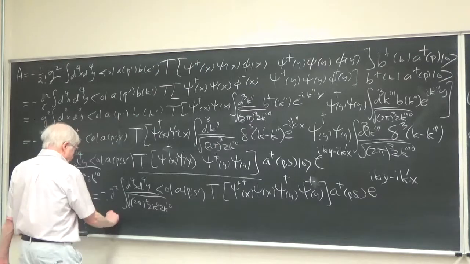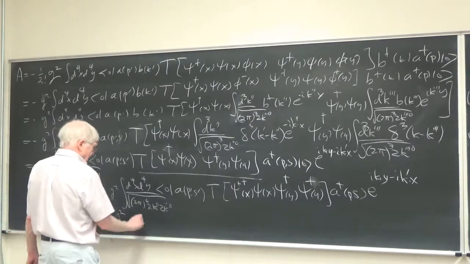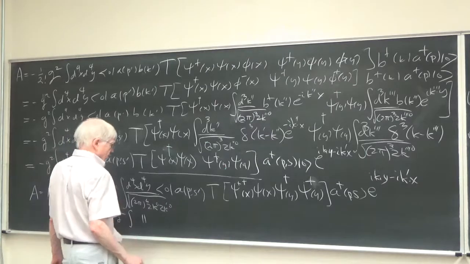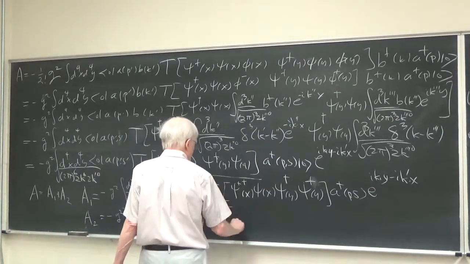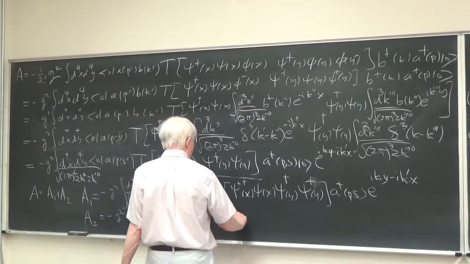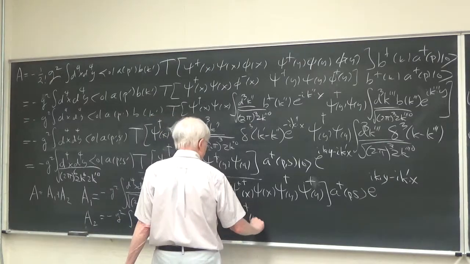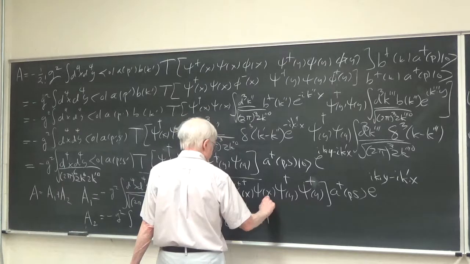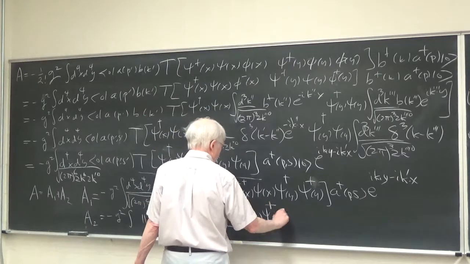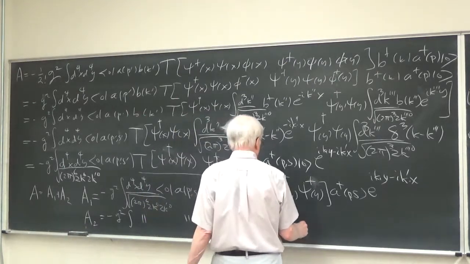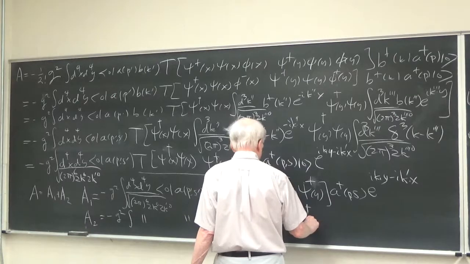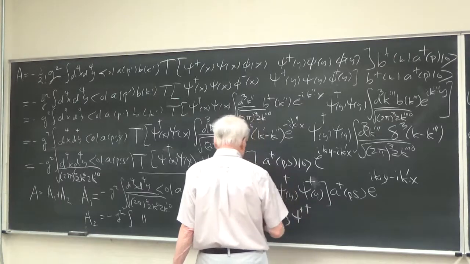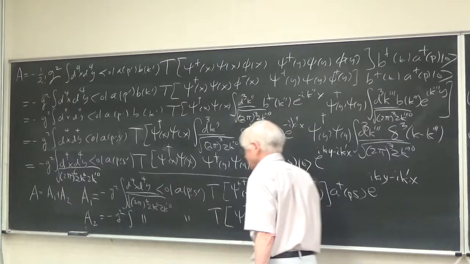A2 is minus g squared, let me just say ditto, the same thing, but now it's the time ordered product of psi dagger of y, psi plus of y, psi plus dagger. Oh, wait a second, why did I interchange y and x? That was a mistake.